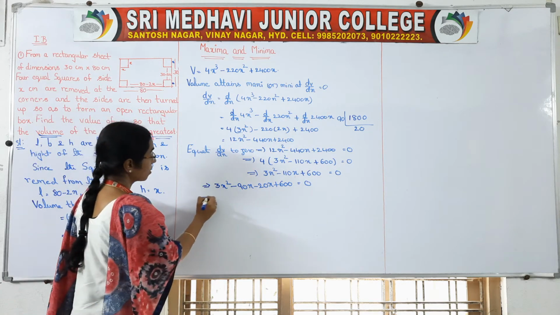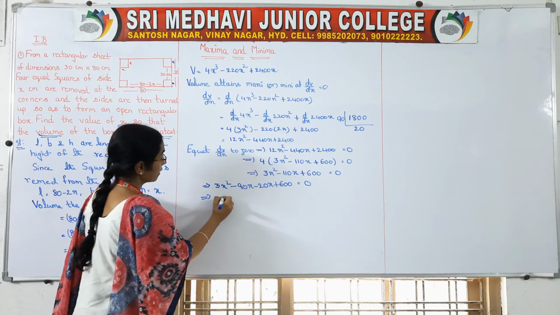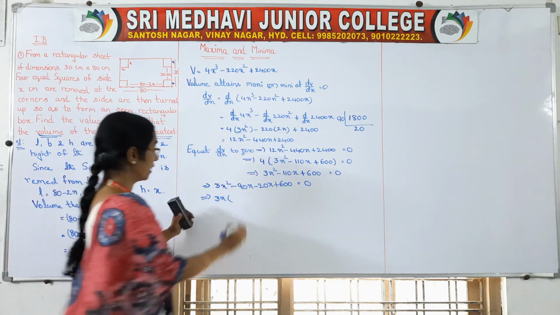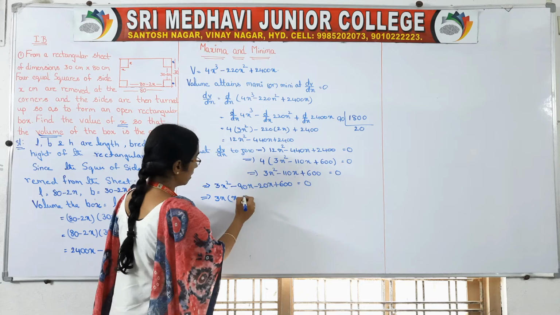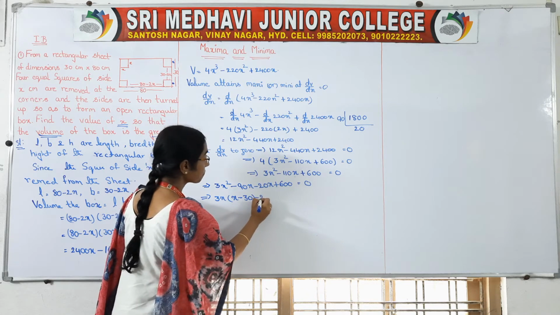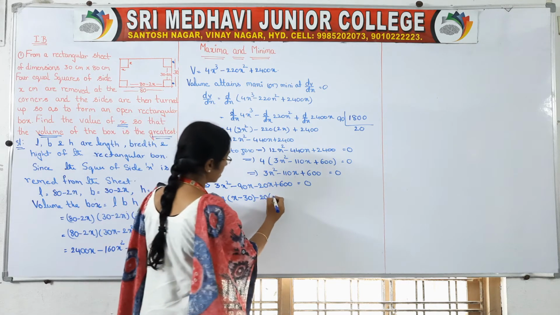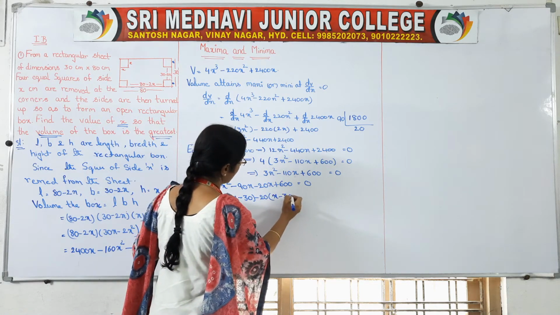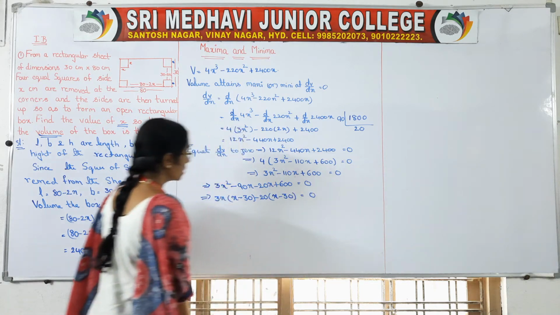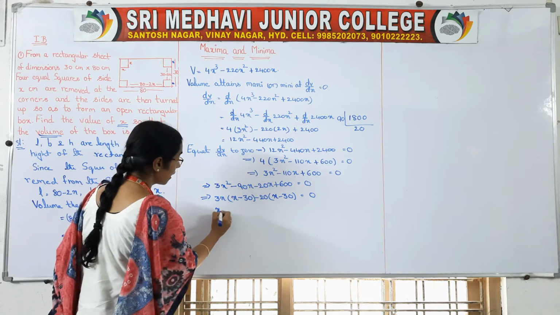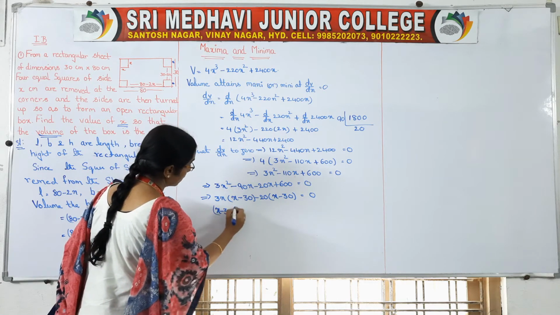Next, 3x taken outside, then x minus 30. Sorry, next minus 20 can be taken outside. So it is x minus 30 is equal to 0. Which is common? x minus 30 is common.